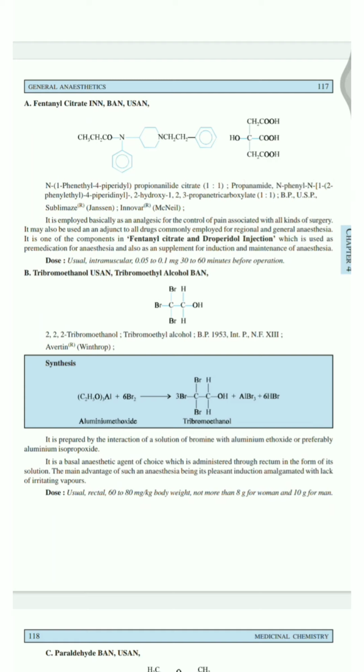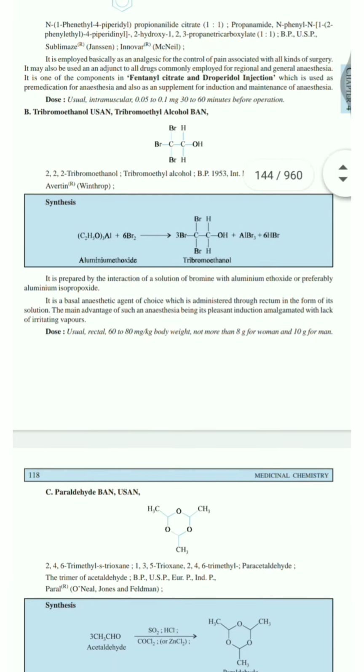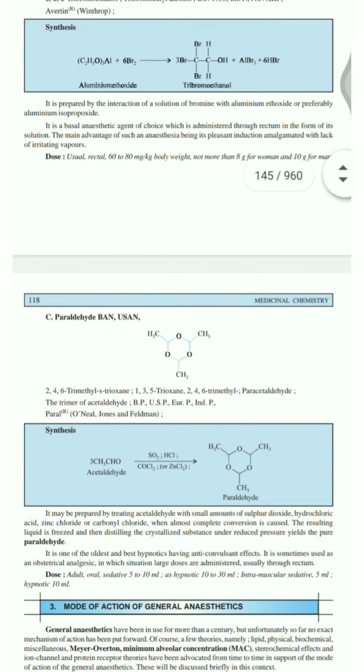Tribromoethanol is prepared from aluminum ethoxide with bromine, and paraldehyde is prepared from acetaldehyde by treatment with sulfur dioxide, hydrochloric acid, COCl2 or ZnCl2.